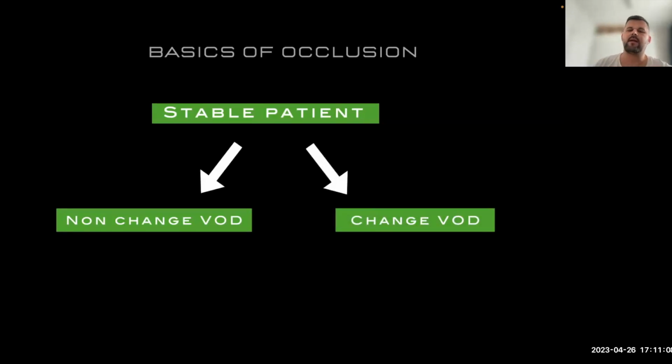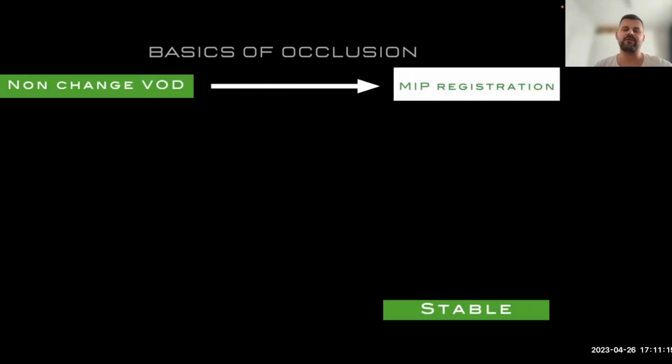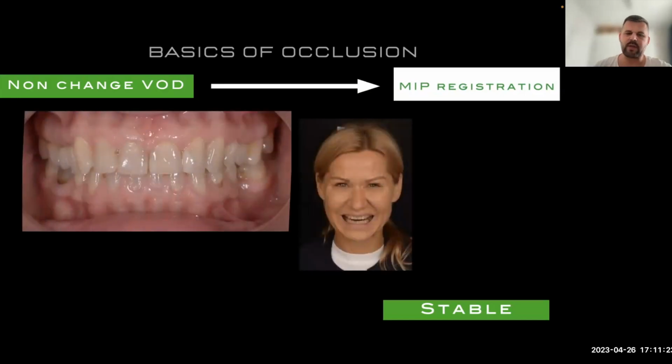For example, let's talk about the patient where we don't want to change the vertical dimension. So we make the registration in maximum intercuspidal position, MIP. This is the initial situation when the patient came to my office and said that she wants to change only the smile, only the frontal upper teeth.